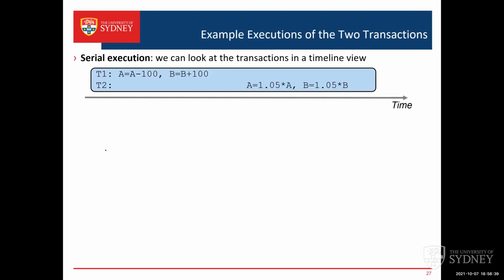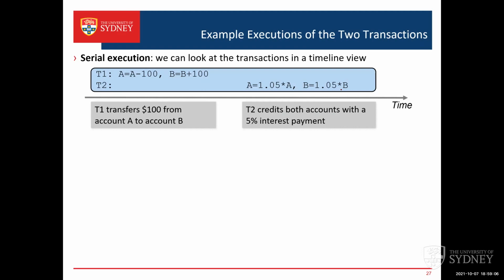So what can we do? First, think about serial execution. Serial means whatever the order of the transactions coming to me, I will always perform them one by one. So I can choose T1 first and then T2, right? I will perform everything from T1, then I will perform T2. Or someone might say, why do I want to perform T2 first, because both of them came to me at the same time. Yes, that's fine.